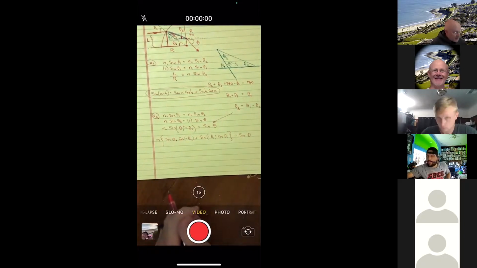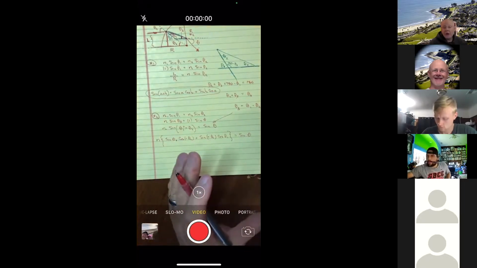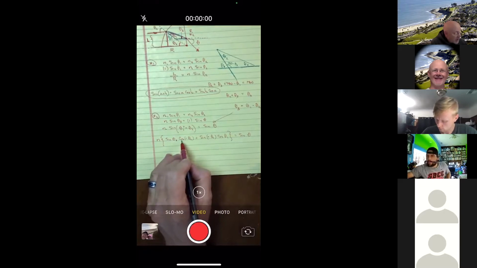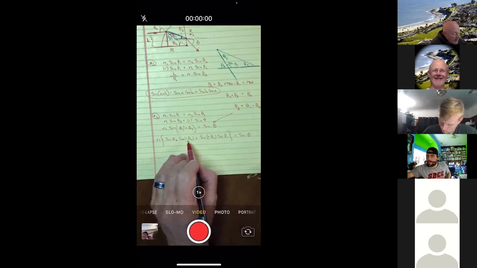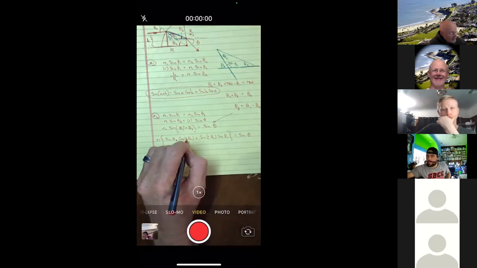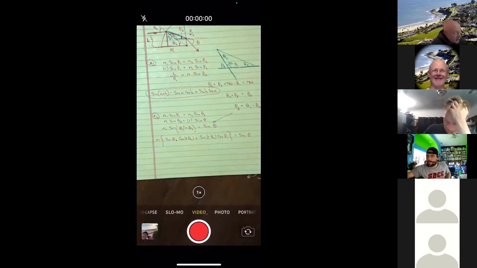Now, I am going to take advantage of what in your math you called even and odd functions. Cosine is an even function, so cosine of negative theta 2 is the same as just cosine of a positive. So technically, when I did the identity, it's a negative, but I can change it to a positive.